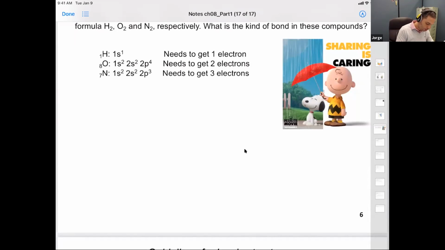Okay, so we know that hydrogen is found in nature as a very stable compound, H2, and we know that each hydrogen atom needs to get 1 electron to achieve stability.